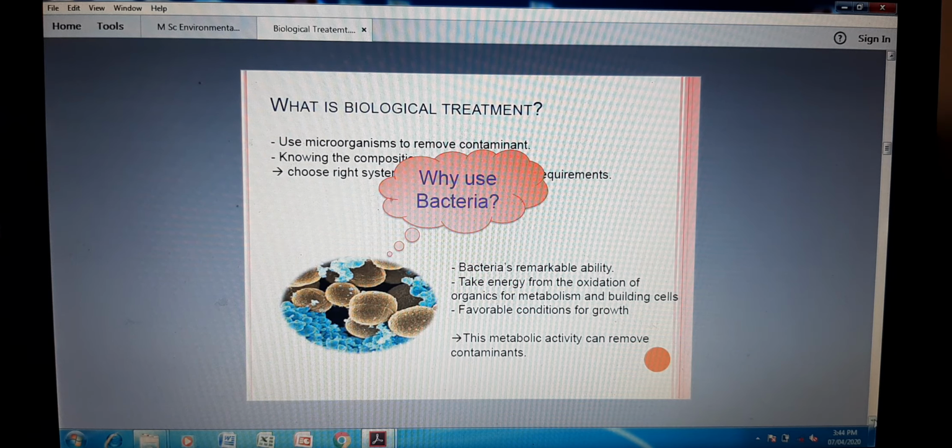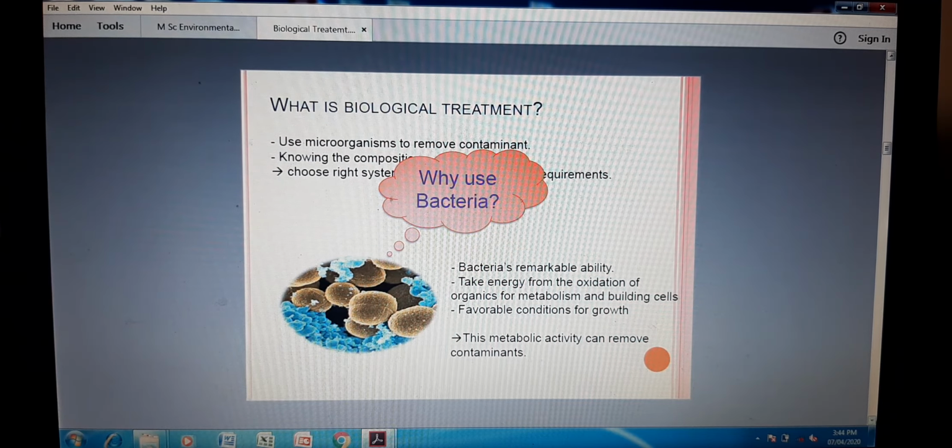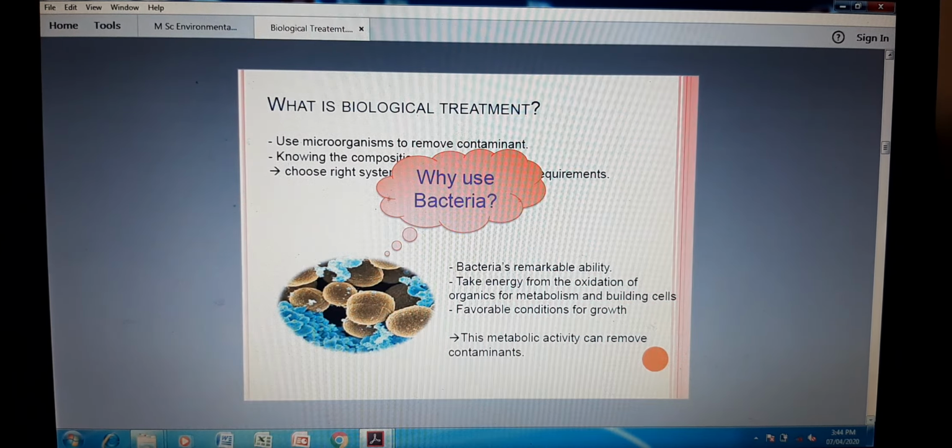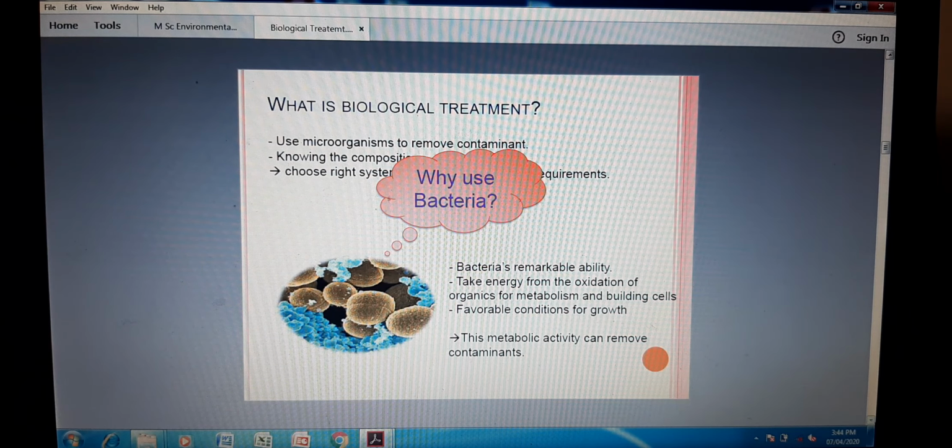In this particular treatment, you have to choose the bacteria which can consume the maximum organic or inorganic matter, which removes the contamination from the water or wastewater. These bacteria have a remarkable ability, because they are consuming a lot of unwanted things in the form of toxic matter for their growth.